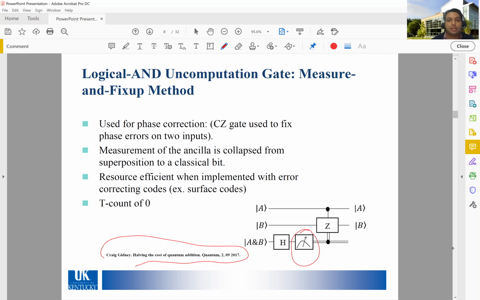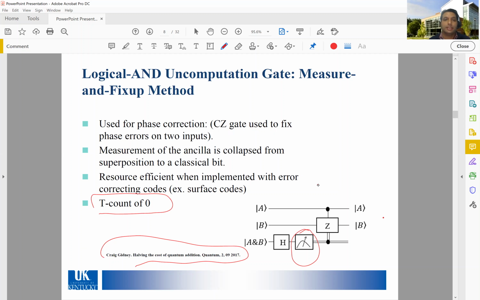However, this gate doesn't have any t gate, so the t count is 0. So these gates are very useful when you look into machines which are fault tolerant in nature, because many of these operations don't have any cost in the fault tolerant domain.